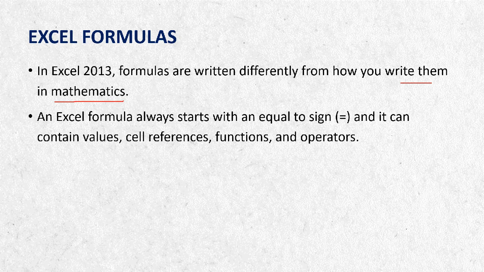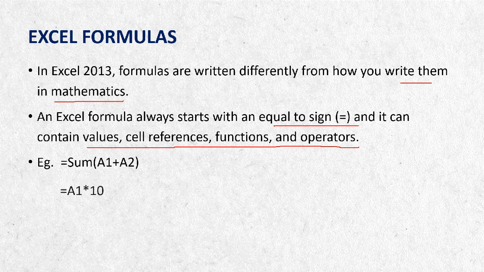Always start with an equal to sign. While you are writing formulas in Excel, you should start with an equal to sign. And this Excel formula contains values, cell references, functions and operators. See these examples so you can understand better. First it starts with the equal to sign.